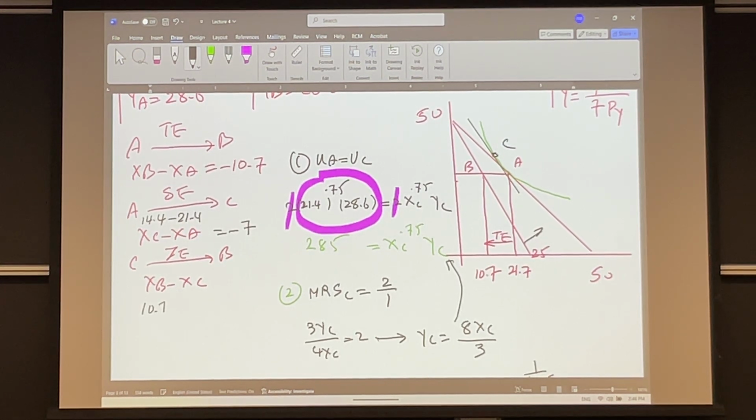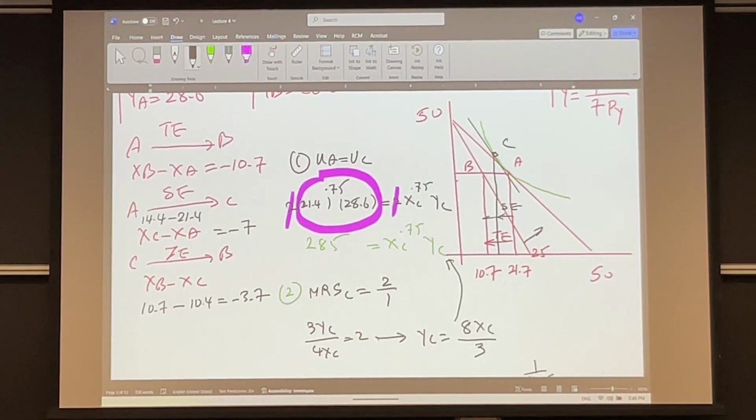That is 10.7, that is 14.4. That's minus 3.7. I split the total effect into substitution and income effect. Right? On the graph, this is SE and this is I. Right?